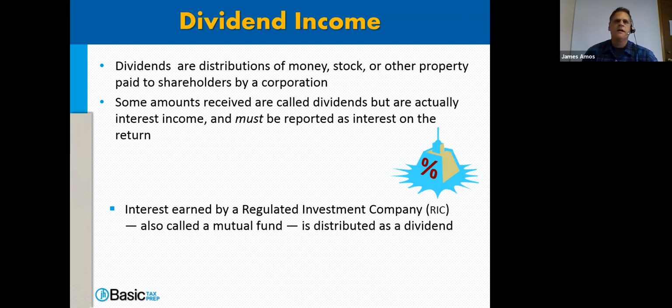You're actually buying into a group of people who are pooling their money together. That's what makes it a mutual fund. And then somebody in charge of the mutual fund is buying different things. And so when the mutual fund makes money, they're going to give you a dividend, because buying into a mutual fund is almost like buying into a company itself. Okay.